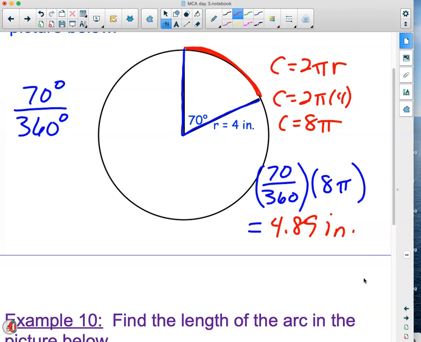So the key to that part is figuring out I don't need the whole circle. What do I need? And they gave us the information of the 70, so we have to use that. And then we just have to remember that every circle has 360 degrees in it, and we'll have what we need.